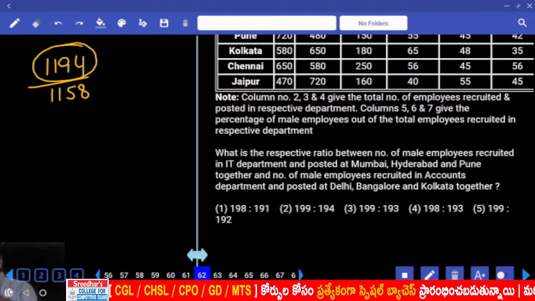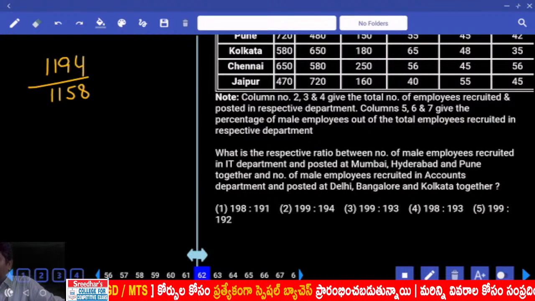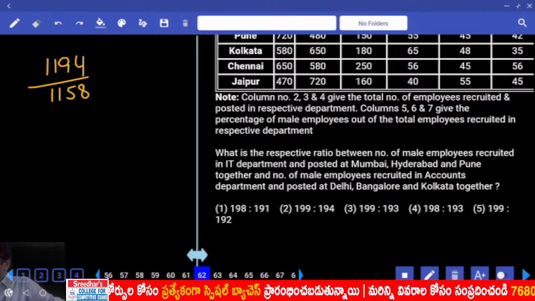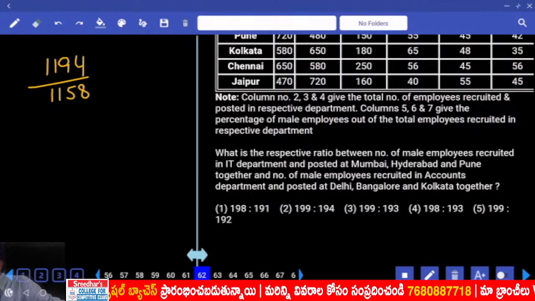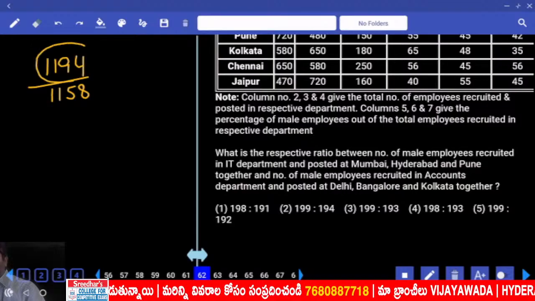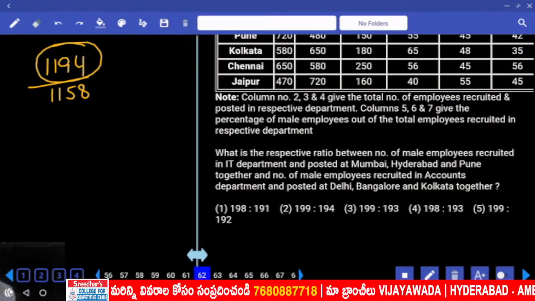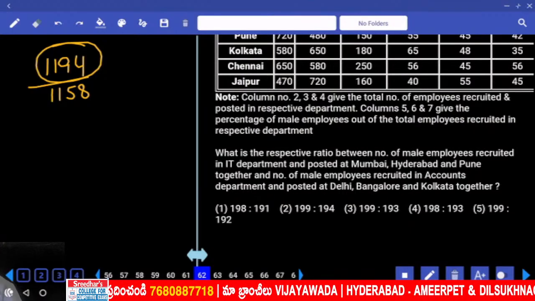Both are even numbers, right? And both numerator and denominator are multiples of 3. Even number and multiple of 3, so it is a multiple of 6. Numerator, I will treat it as 1200 minus 6.